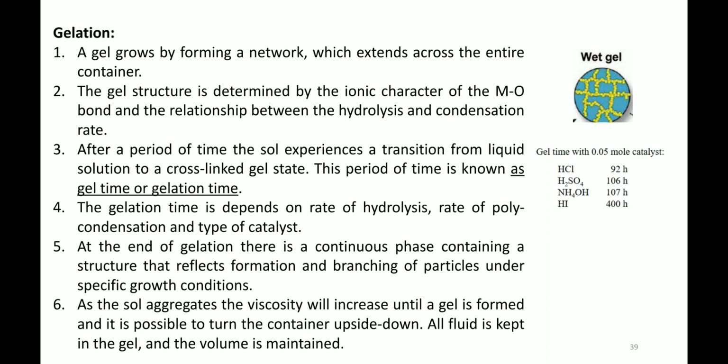The gel structure is determined by the ionic character of the MO bond and the relationship between the hydrolysis and condensation rate. So how the gel structure is going to form depends upon several parameters, like what is the ionic character of the MO bond.